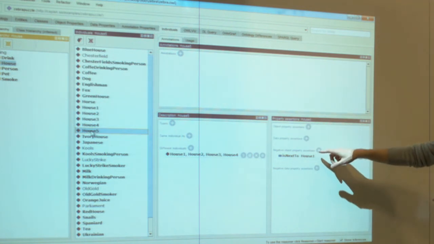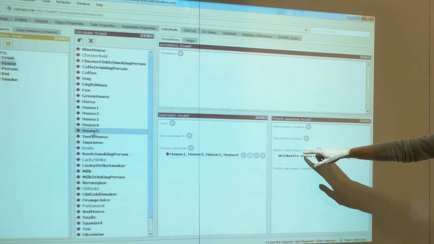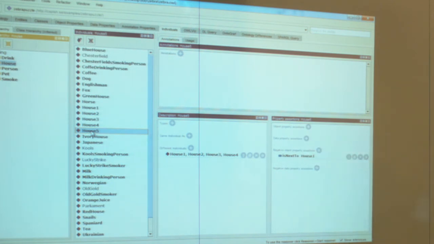Instead we make a negative assertion. We say it's not next to house 1, so that they're not standing in a circle, but in a line. That was it. Now the geometry is defined. So as you can see, it can be a bit tricky sometimes.